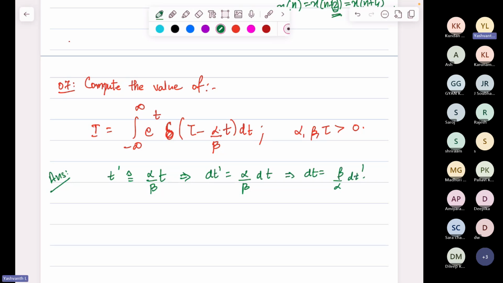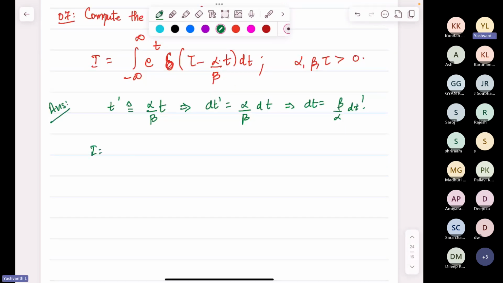Now I becomes the integral from minus infinity to infinity, with limits scaled by alpha by beta, of e to the power t, where t is beta by alpha into t dash.